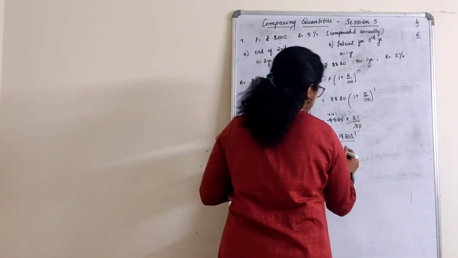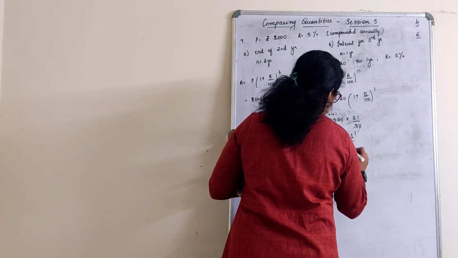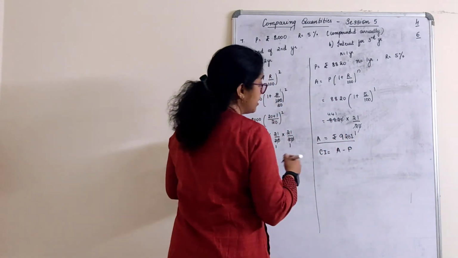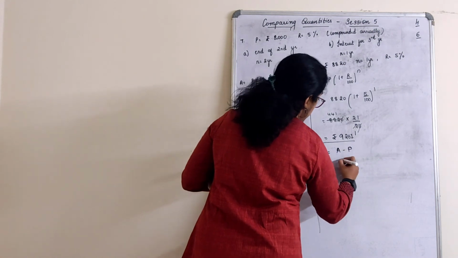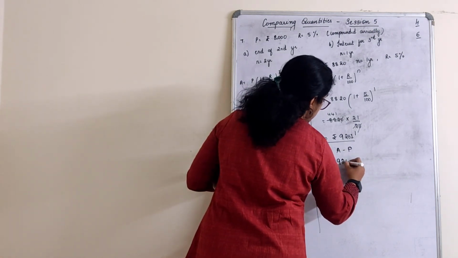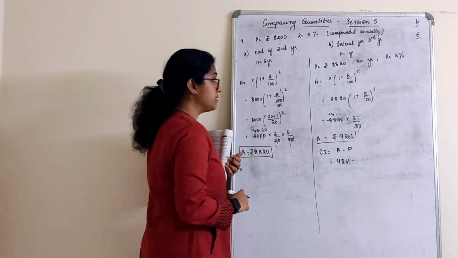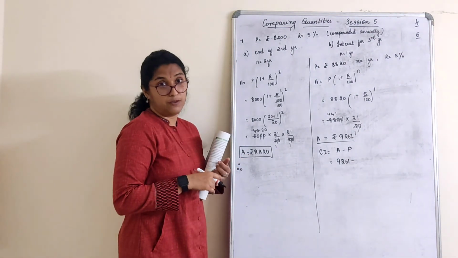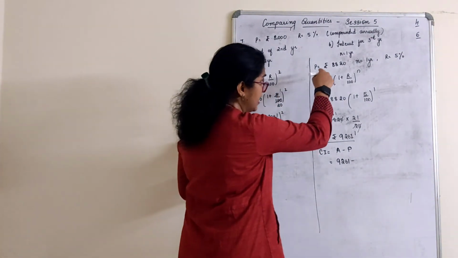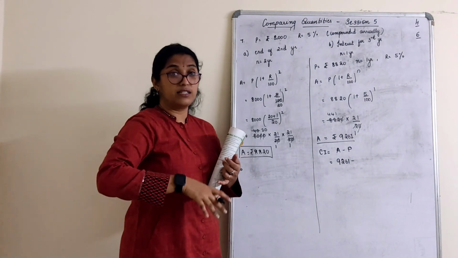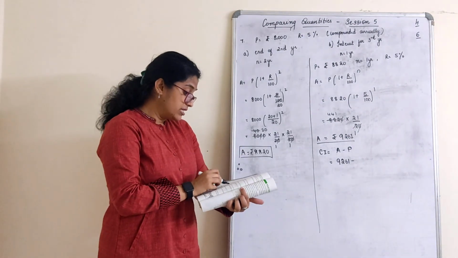So compound interest is amount minus principal. Now what is the amount? Amount is of course 9,261. What is the principal at the end of third year, what we are asking, right? That is this, not the overall interest. We only want interest for the third year.